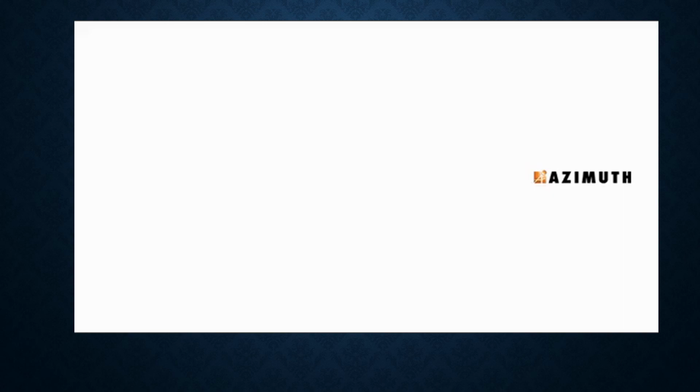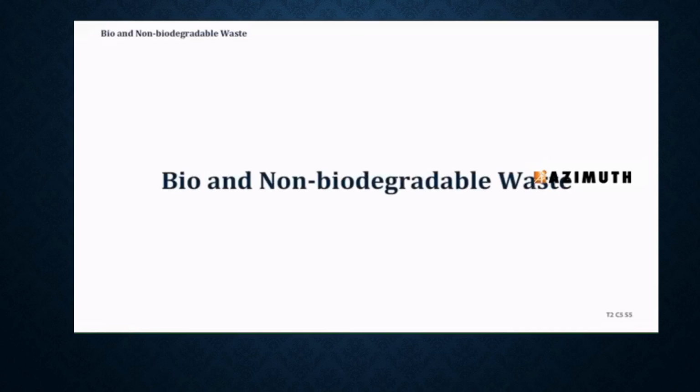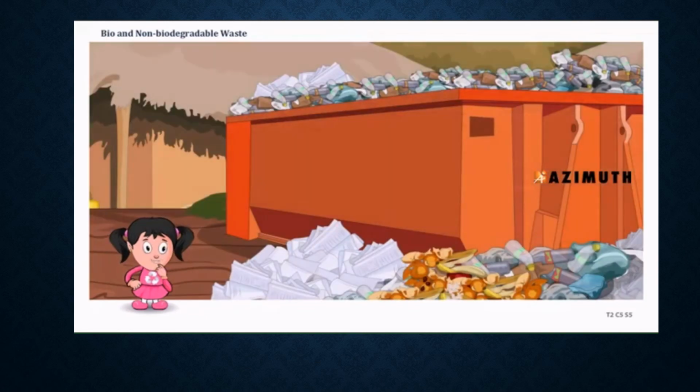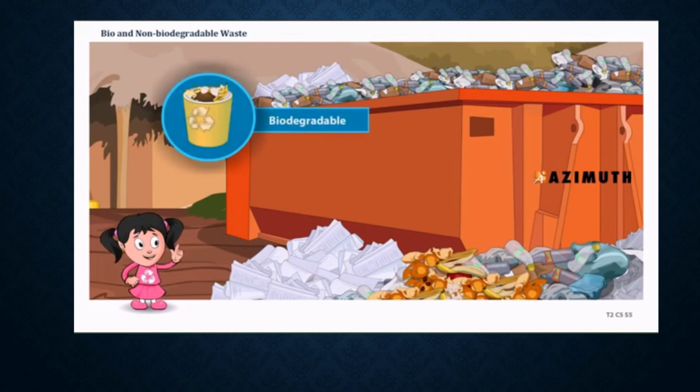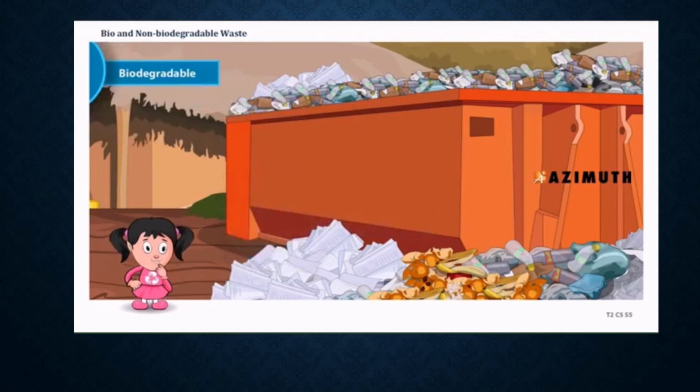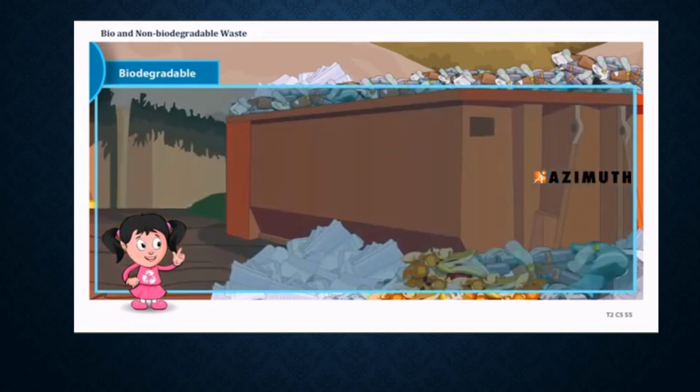I hope, children, you have understood the types of waste. Let us revise it again. Waste can be broadly categorized under two types, namely biodegradable and non-biodegradable. Biodegradable waste.